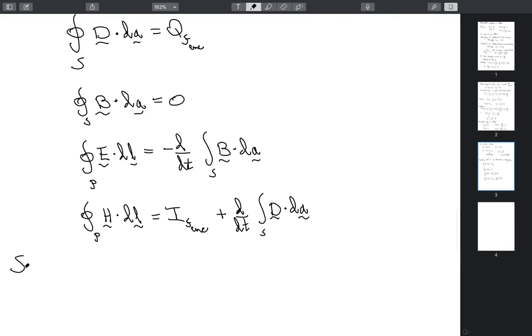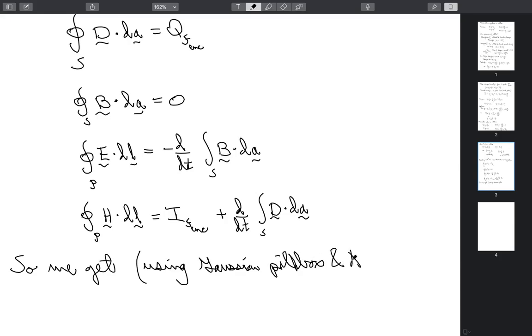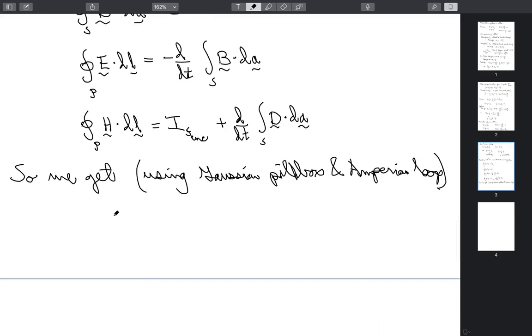So you remember the story using the Gaussian pillbox and the Ampérian loop tricks. I've got a surface like this, and on the one hand I want to do a little Gaussian pillbox straddling the surface.